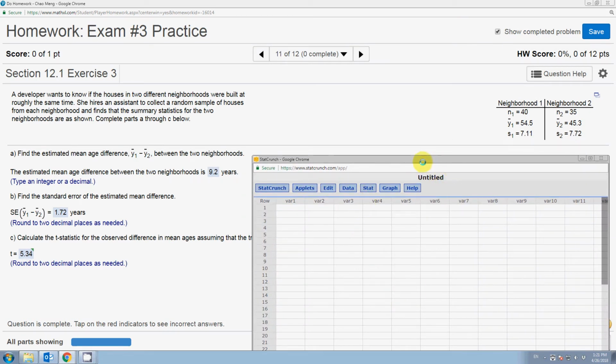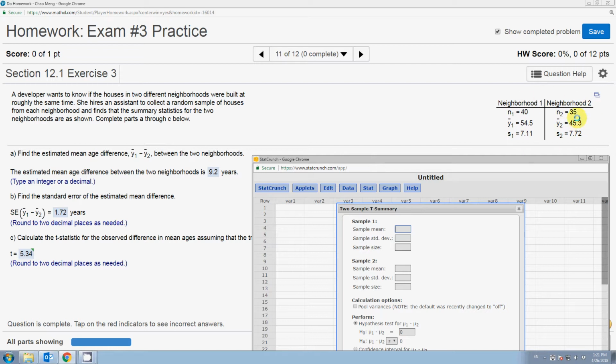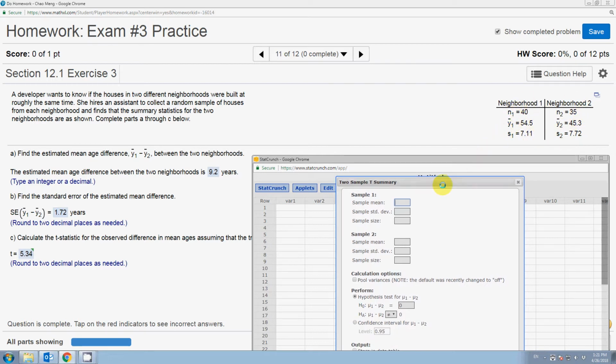Because we are comparing two means, we use the T stats two-sample with summary, because the data given to us are summary data. For the first sample, neighborhood 1, the sample mean is 54.5. Let's be careful about the notations.